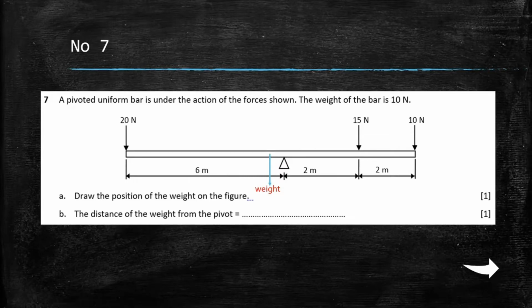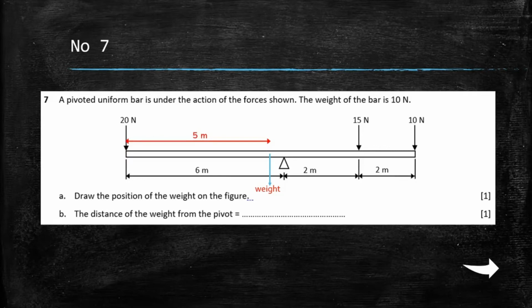Number 7b, the distance of the weight from the pivot. The position of the weight is right in the middle of the uniform bar. This means that the distance of the weight from both ends of the bar is 5 meters.